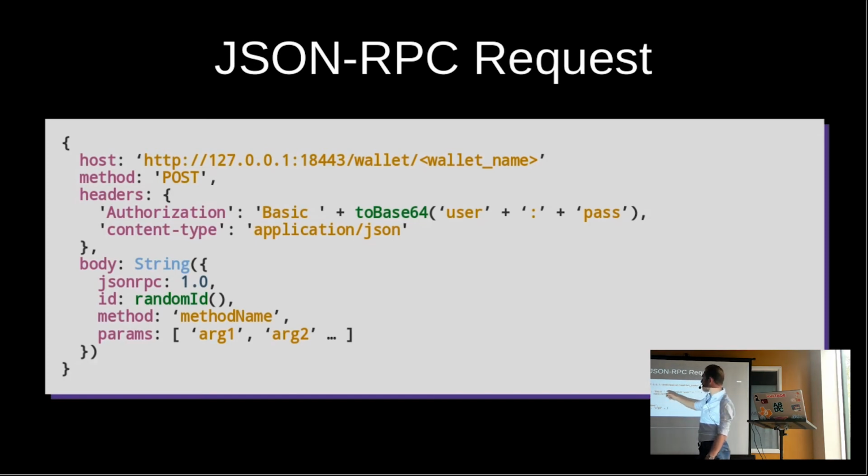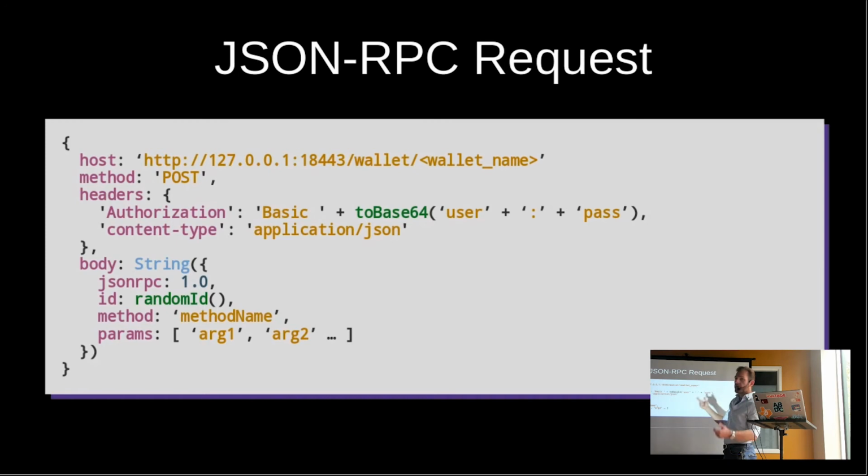Your headers, this is essentially your authorization header. You have the prefix Basic, space, and then a base64 encoded string. This base64 encoded string is just your username and your password. This is the username and password that you put in to generate the RPC auth string.